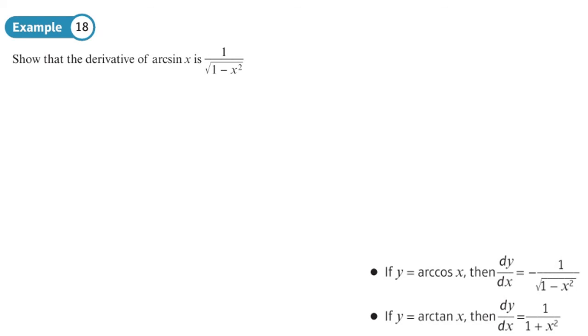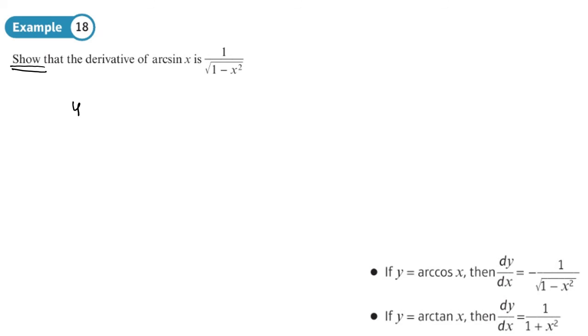Now another show that question. So this is not just saying, okay, let's just look this up in the formula book. This is like proving it from scratch. Remember what I said about, can we write it in terms of sine and cos and use that to help us? So show the derivative of arc sine x is that.